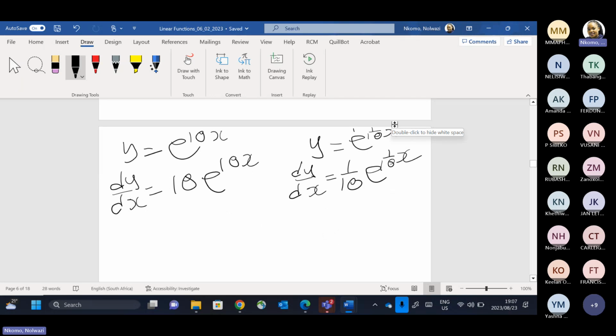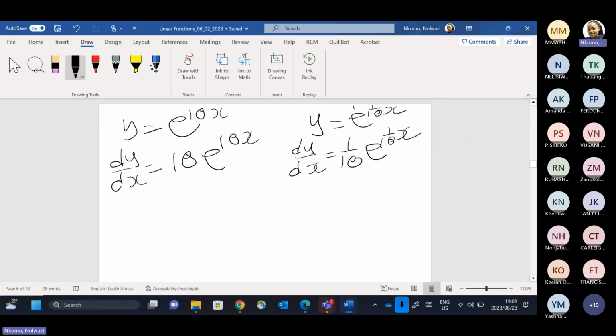Let's move on to the derivative of the logarithm function, which is log of base e.